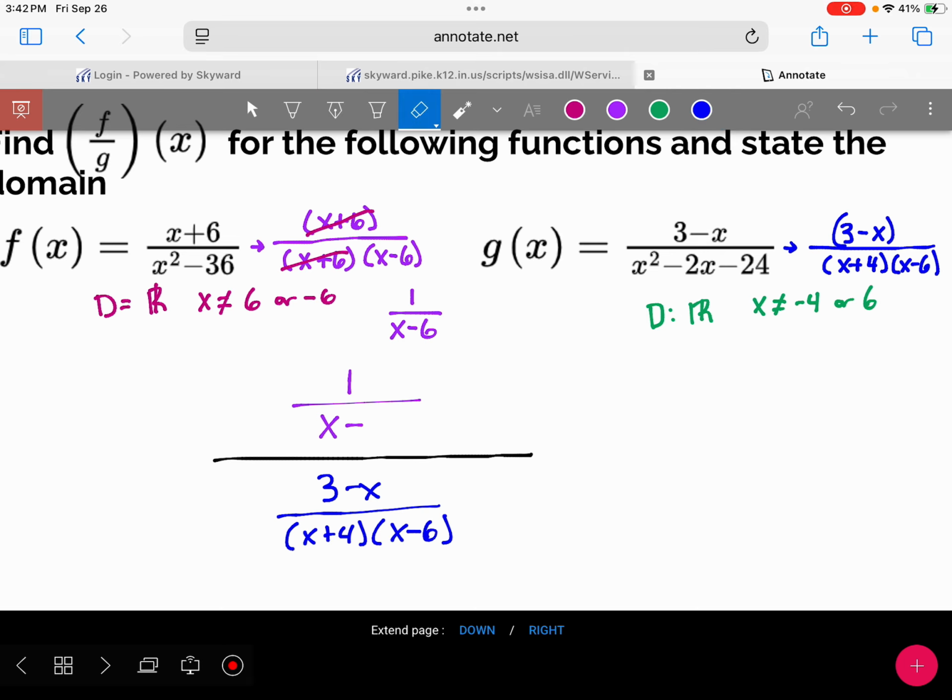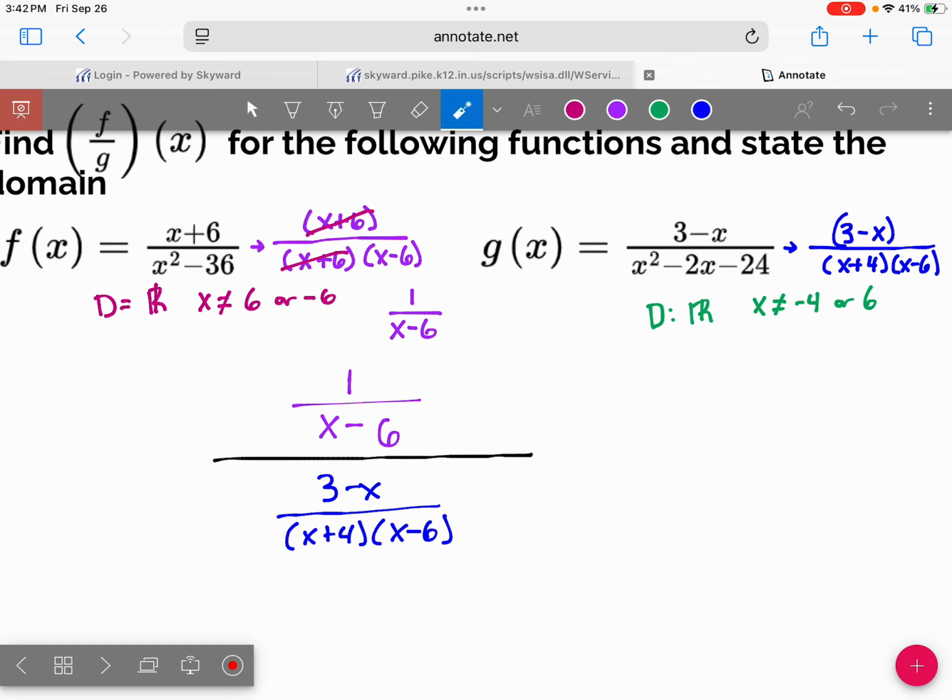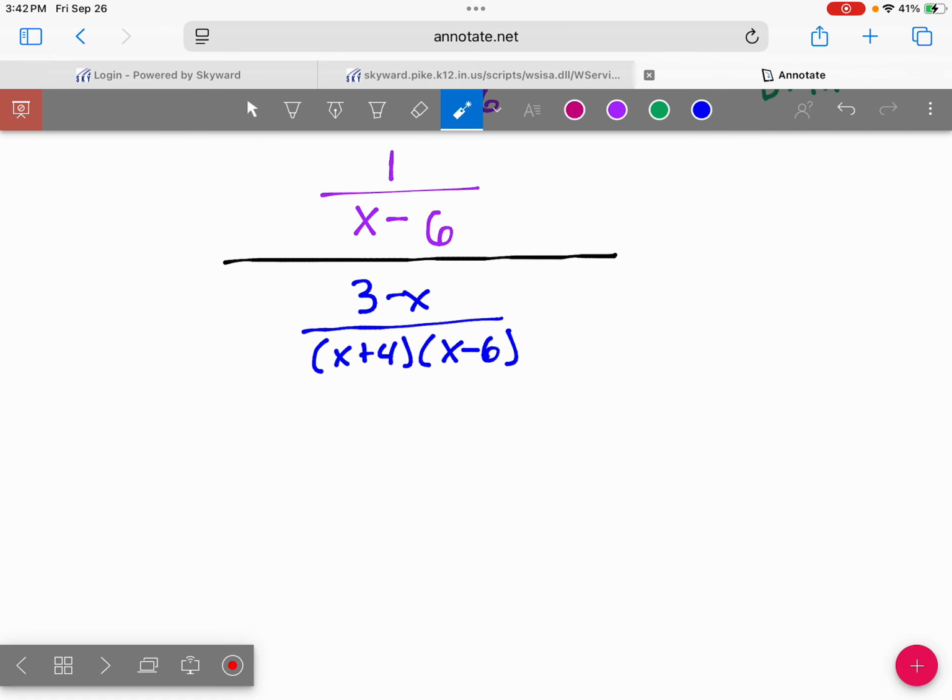I'm going to fix that 6 real quick. It just looked kind of weird. There we go. So again, like in the last video, we can do a keep, change, flip situation and try to get this to simplify a bit more.